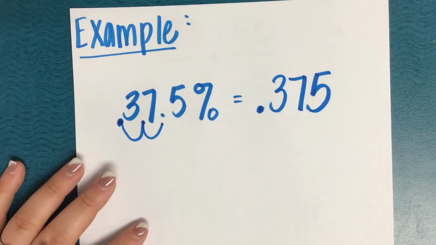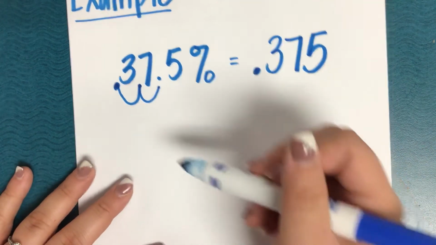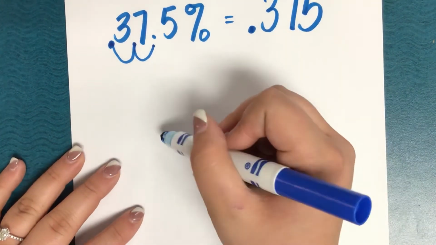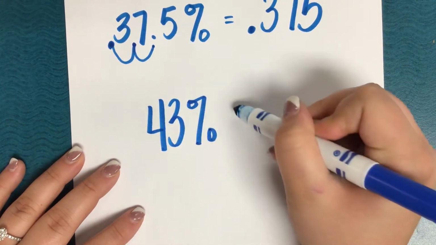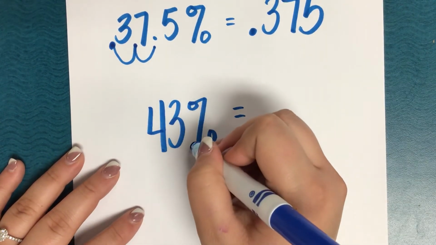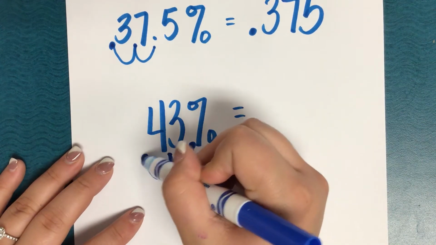Okay, that one is very simple, nice and easy. Another example of this would just be if you had 43%. Okay, your decimal is right here technically. You're gonna move it over 2 places to the left.